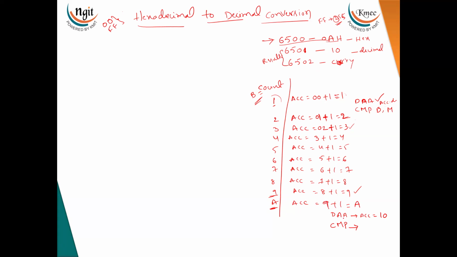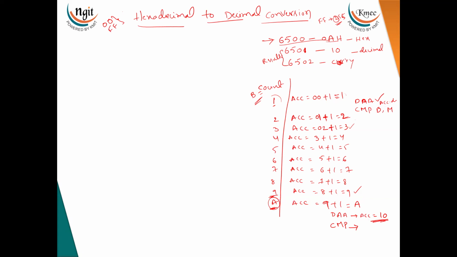After the DA instruction, the accumulator is holding the value 10. Now which value should be compared with the memory location value? The accumulator is holding the decimal value, so if we compare the accumulator value, it will never match the memory location. So we have to compare the B counter value with the memory value.